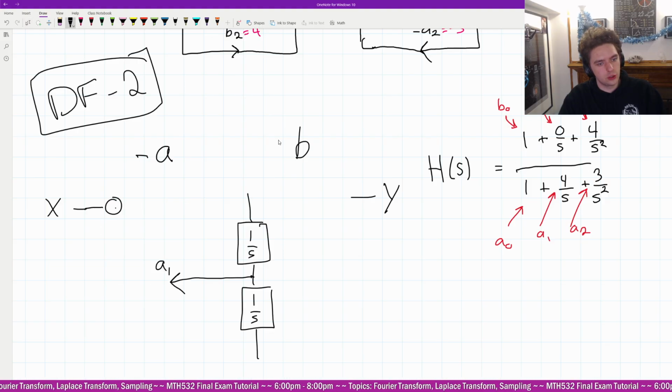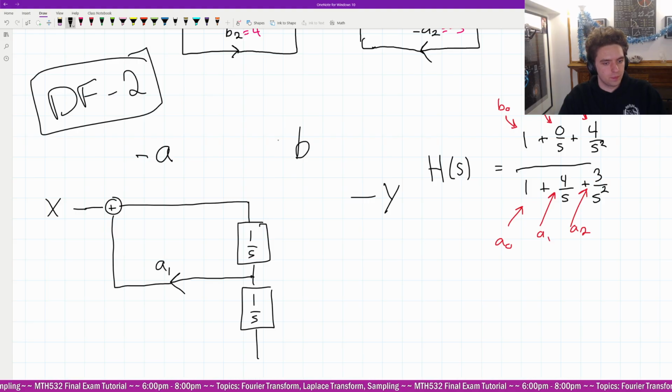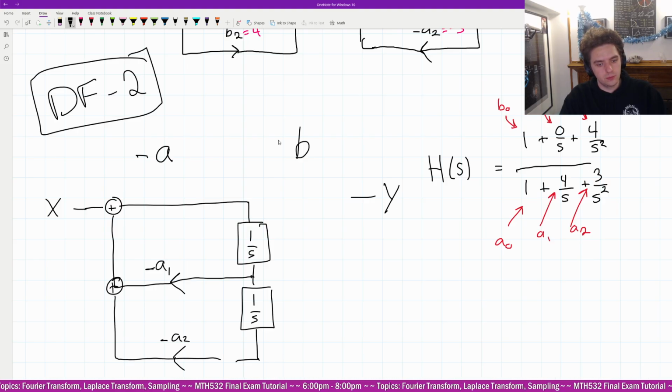Let me try to draw a little neatly, at least slightly. Negative A1. Then here we have just another amplifier, which is negative A2, and that's going to be connecting like that. Again, I'm doing it generally, right?